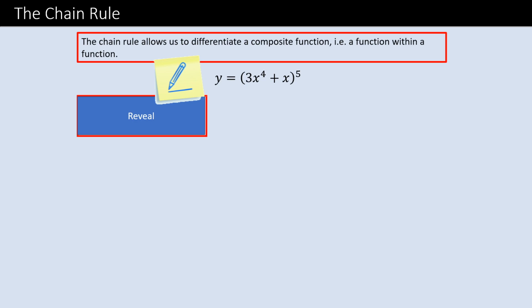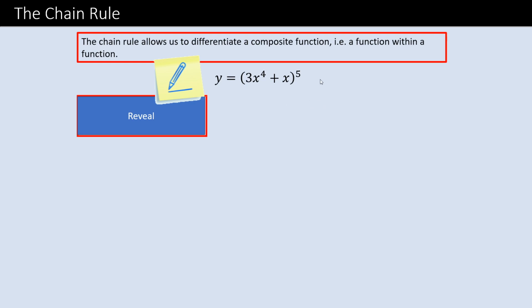What the chain rule does is it allows us to differentiate functions which look complicated or are perhaps a makeup of two functions merged together. The example that we've got here is a function within a function, which is its main use.